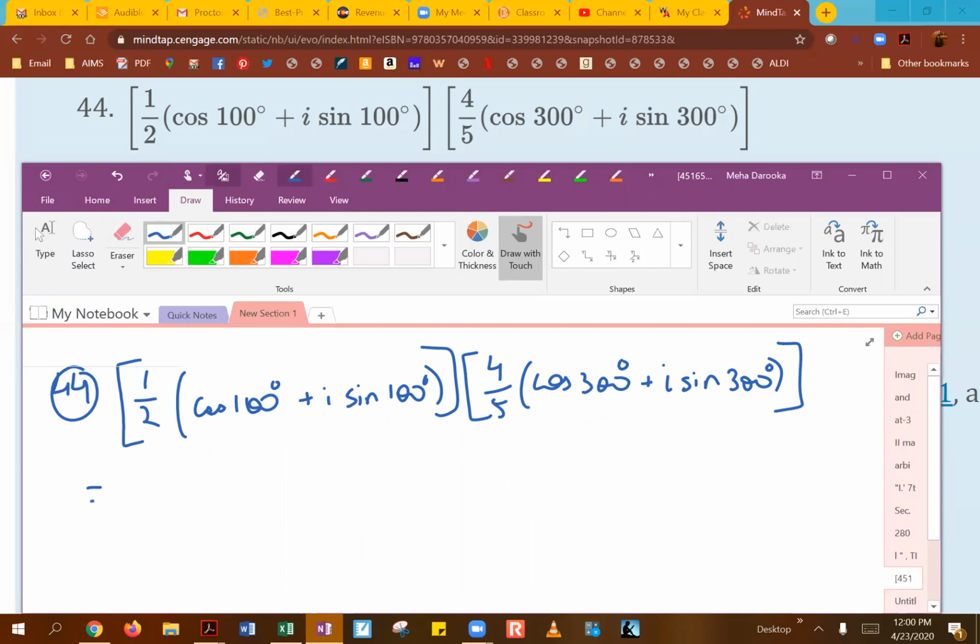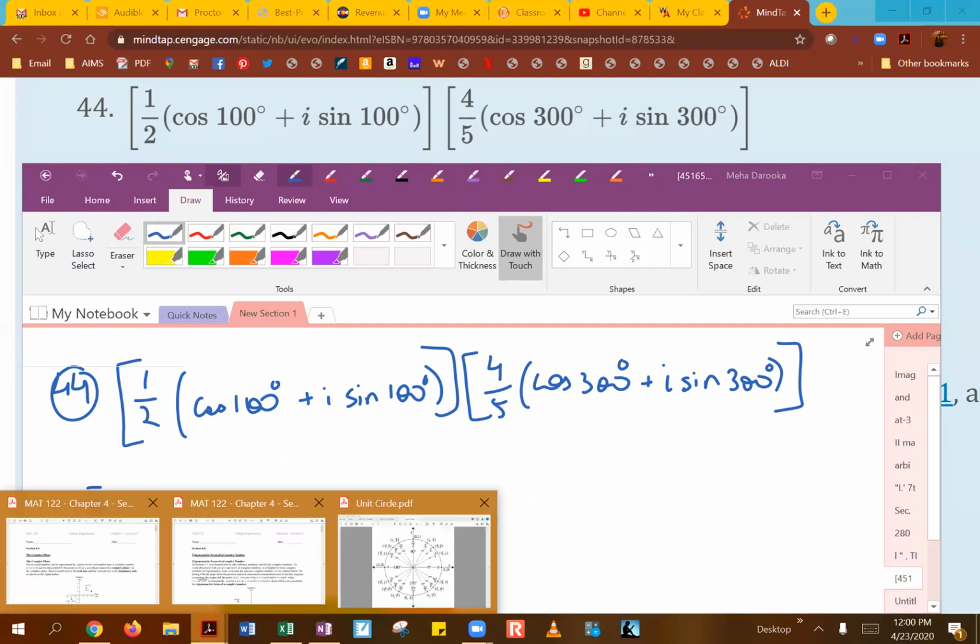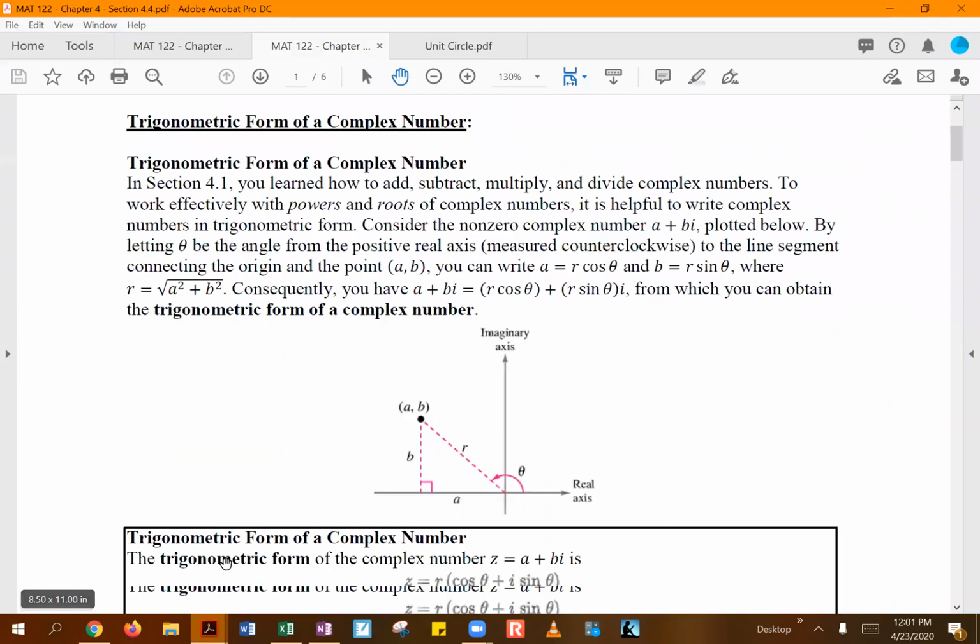Do you remember the rule for when you are multiplying two complex numbers? I don't. Okay, that's all right. You will find it in 4.4.